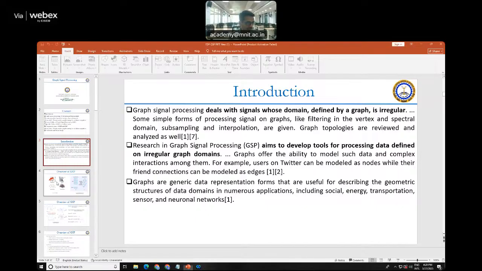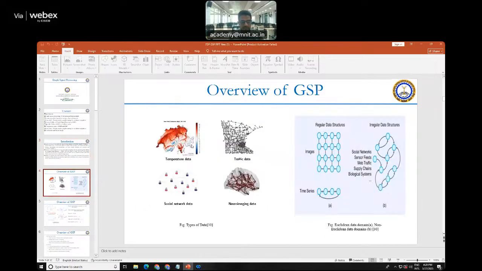You will also see today's different types of networks. For example, in this slide you are seeing temperature data. This is basically a map. What is the red region showing? The red region is showing the higher temperature. For example, we can draw a map of Rajasthan, or a map of India, and make such a figure where the temperature of different places is shown.